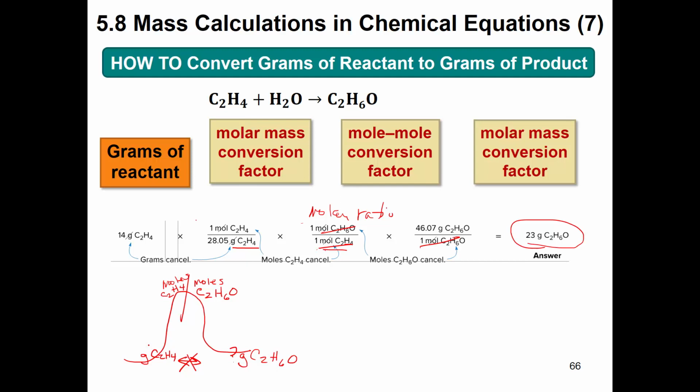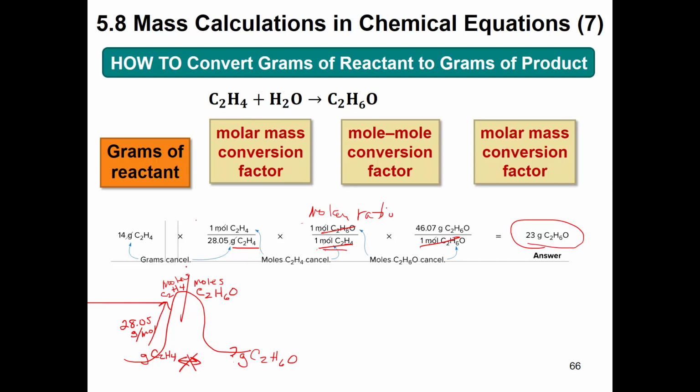So to get from grams to moles of C2H4, I use the formula weight of C2H4, which is 28.05 grams per mole. That'll give me moles of C2H4.